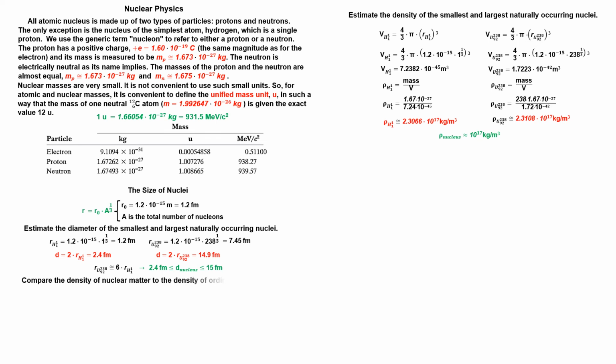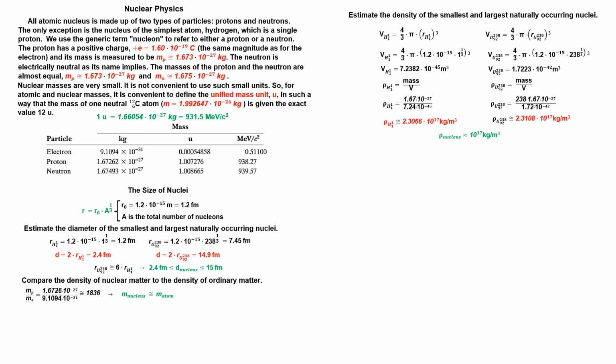Compare the density of nuclear matter to the density of ordinary matter. First, let's compare the mass of a proton to the mass of an electron. We can see that the mass of a proton is 1,836 times that of the electron. This result suggests that almost all the mass of an atom is in the nucleus, and for our estimate, we can say that the mass of the atom is equal to the mass of the nucleus.